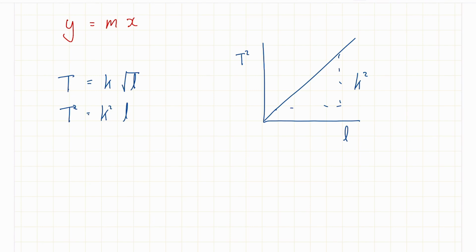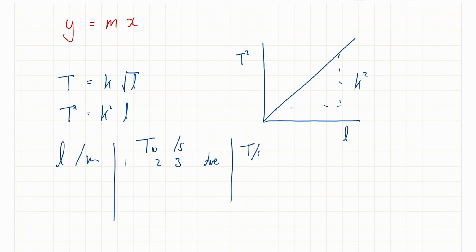So what I want you to do today is to take your results from last week. Don't forget, you already had length in meters or centimeters, whatever that was. You had your time for 10 oscillations in seconds, and you had 1, 2, 3 and an average. And then you had the time period in seconds.